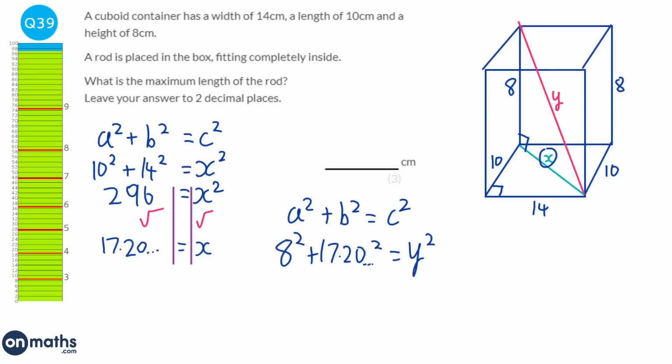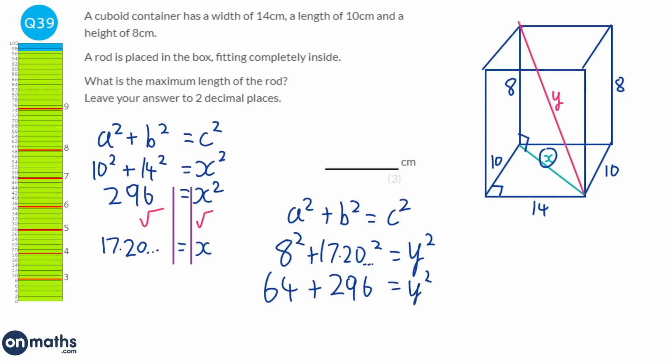Now if I square the value that's in my calculator from before, the 17.20, and if I just click square it, it will put it back to 296 because I've square rooted it and then I'm just squaring it again, so it would be 64 plus 296 equals y squared.